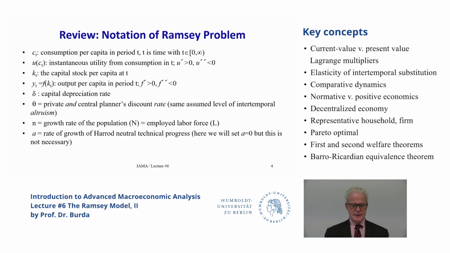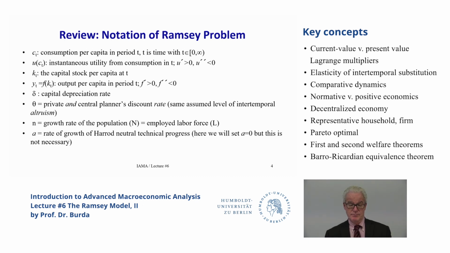Little k is the capital stock per capita at time t, and since technology isn't changing, we won't be using effective labor units. We'll normalize by the population. So little k is basically capital K divided by capital L. And capital L is growing at rate n, and productivity isn't growing, so little a is equal to 0.